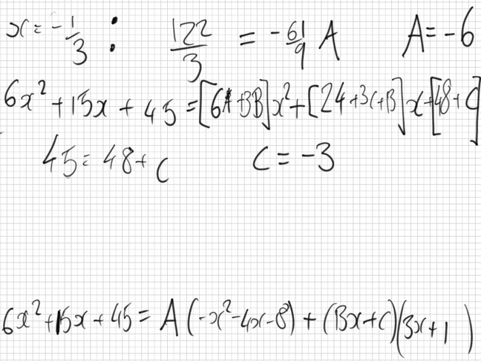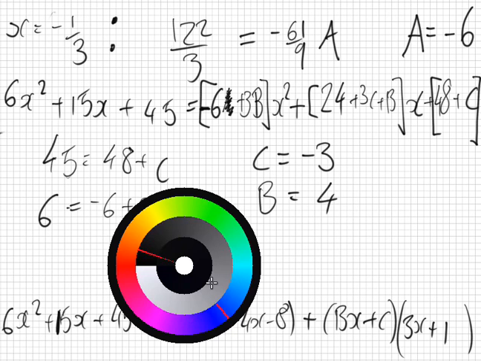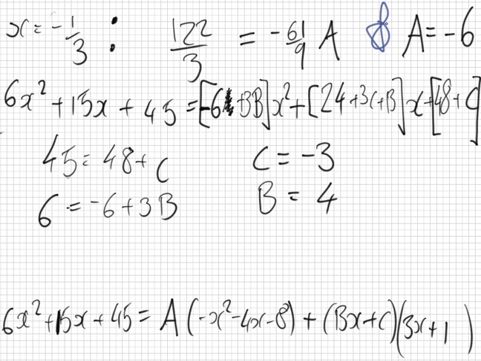Scratch that out. Alright, and then I should look at this one next, because this can give me the B. I get 6, that's a minus 6. 6 equals minus 6 plus 3B. So B equals 4. So I got my A, I got my B, and I got my C.